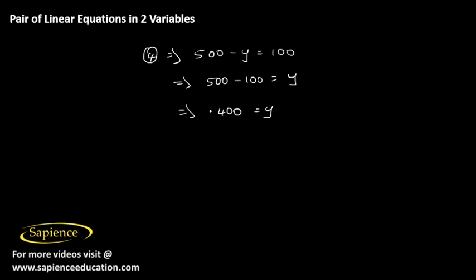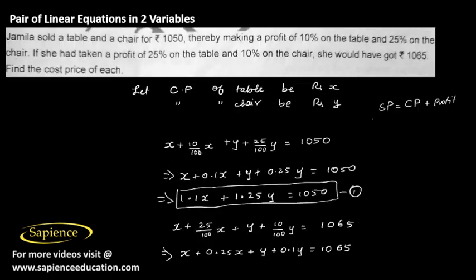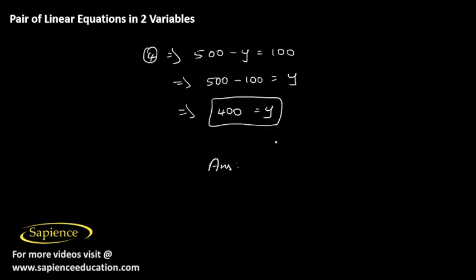So that is the value of y. Y is 400 rupees. So the answer to this question, we needed to find the cost price and we have found both. The price of the chair is rupees 400 and the price of the table is rupees 500.